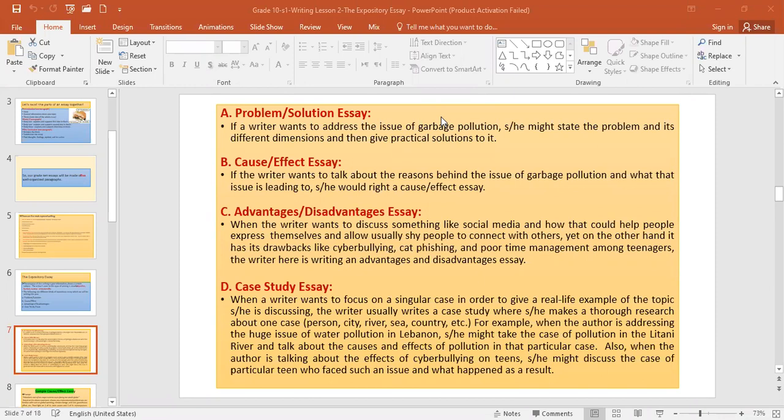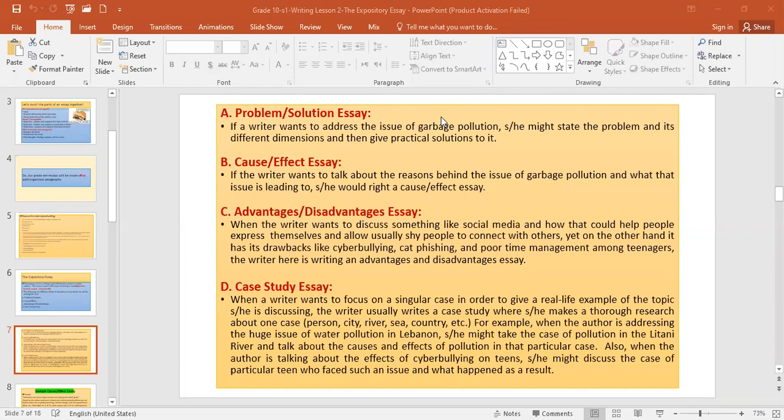If a writer wants to address the issue of garbage pollution, he or she might state the problem and its different dimensions, and then give practical solutions to it. Okay, can you give me an example, Sharif, of a problem solution essay? The problem of pollution and how we can solve it. Okay, specifically, for example, water pollution.